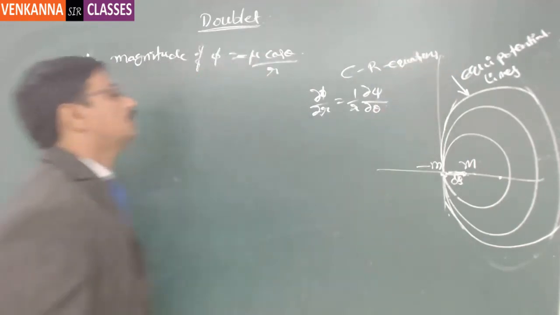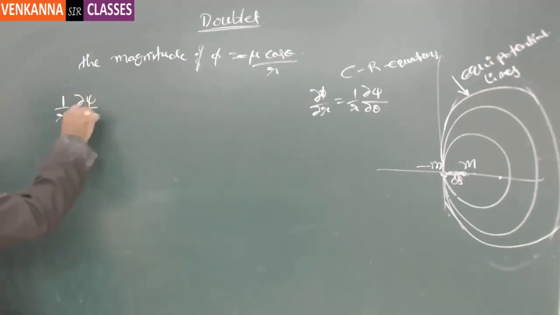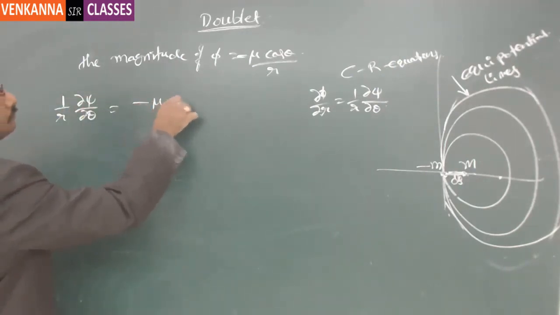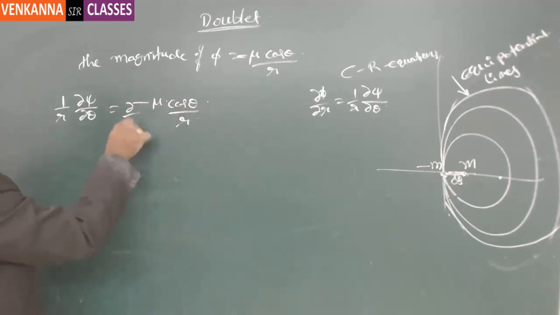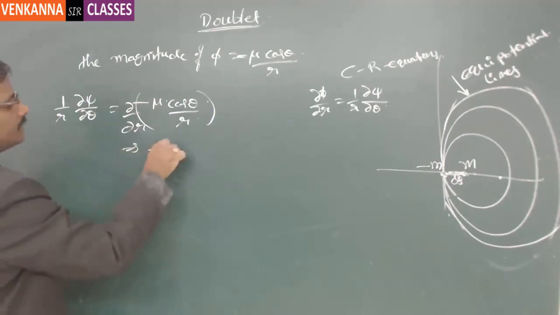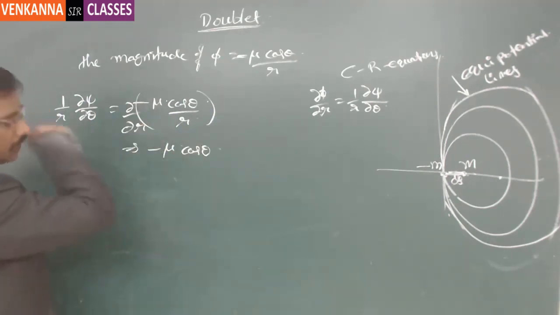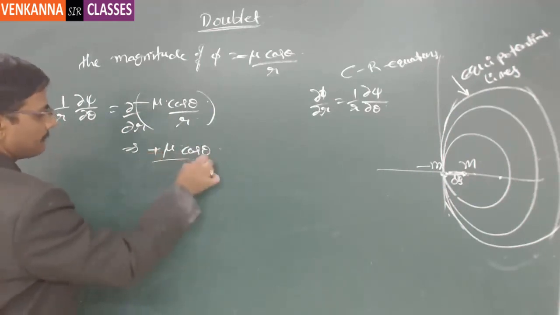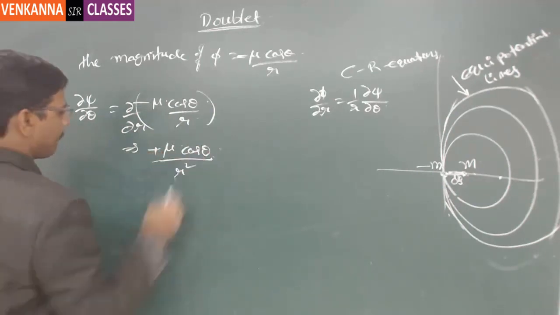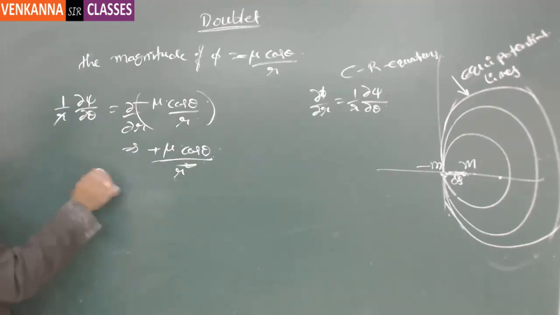So 1 by r into dou psi by dou theta is equal to dou by dou r of, and this is minus mu into cos theta into, so dou by dou r gives minus 1 by r square, and the 1 by r you can cancel out.